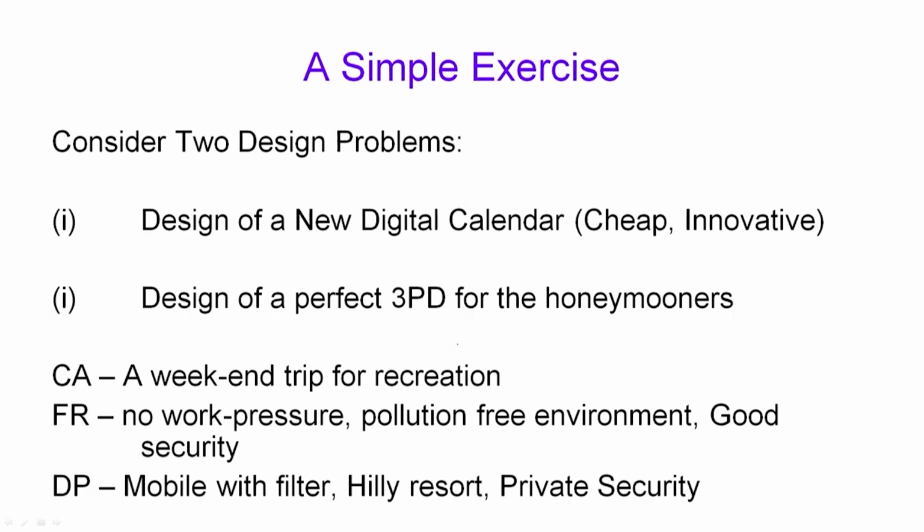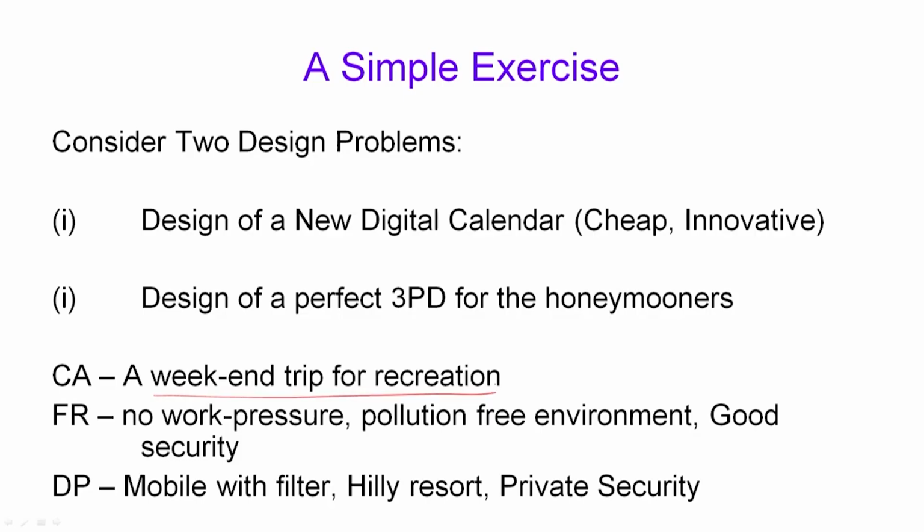Now, let us do some simple exercises. Try the design of a new digital calendar which should be cheap and innovative, and the design of a perfect 3 days for honeymooners. So, that means you have to do the customer analysis, like in the second case, what the customer wants: a weekend trip for recreation.